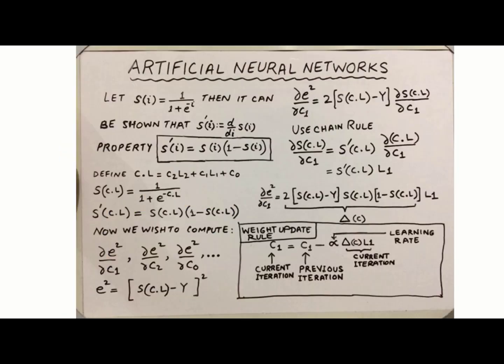Time for some algebra. So let S of I be the sigmoidal function. Then it can be shown that if you take the derivative of S of I with respect to I, the input, then it satisfies a very nice property: the derivative of S of I is a product of S of I times 1 minus S of I. So I would encourage students to prove this property as a homework exercise.